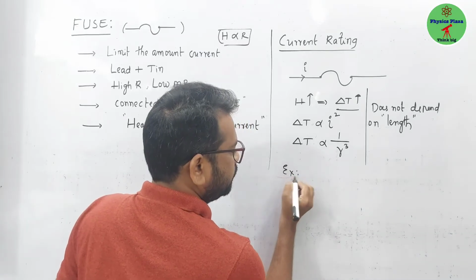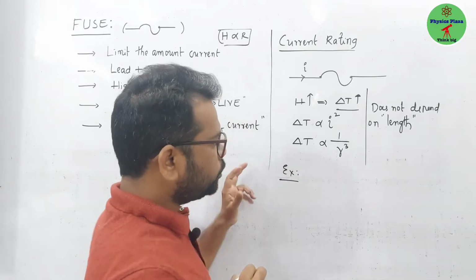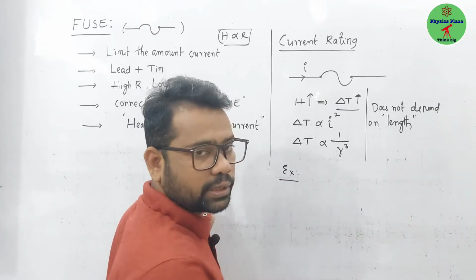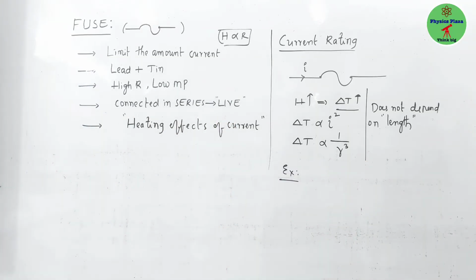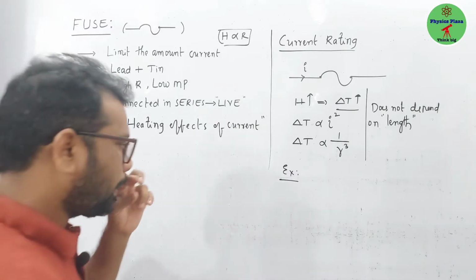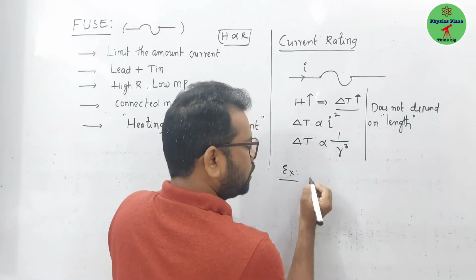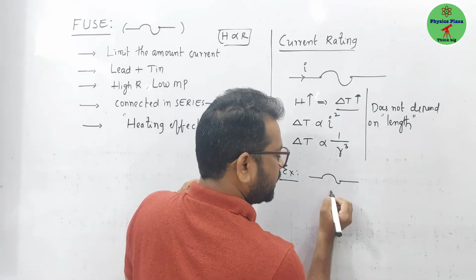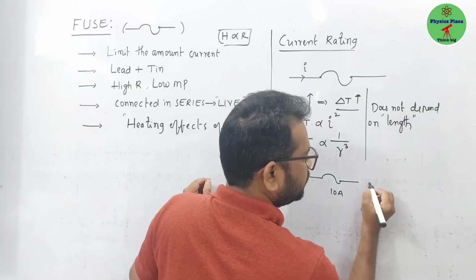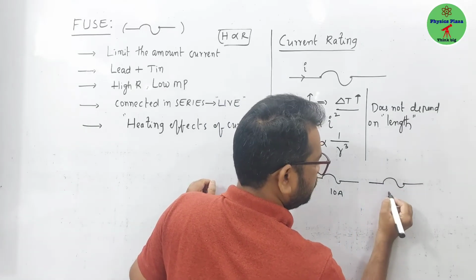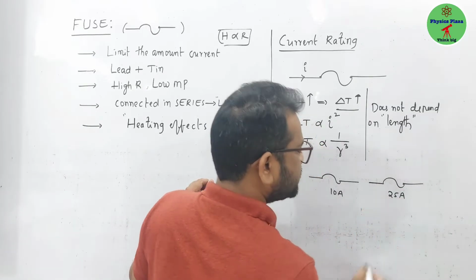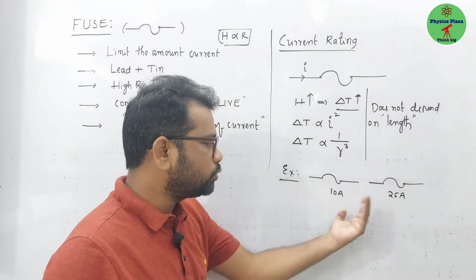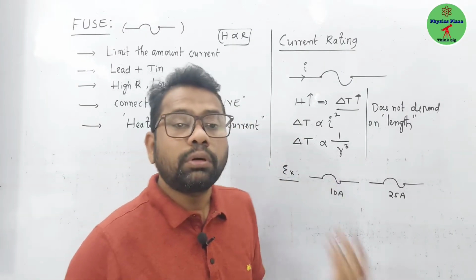For example, here two fuse wires will be there. One fuse wire has a current rating of 10 ampere, another fuse wire has a current rating of, for example, 25 ampere. They'll ask a question: which of these two fuses will have more thickness?